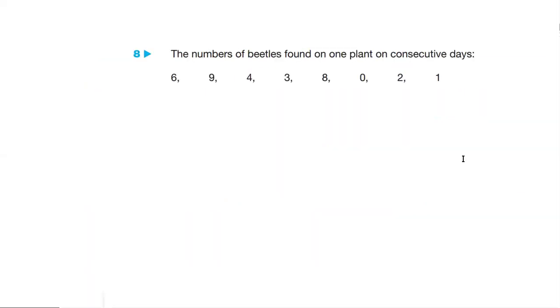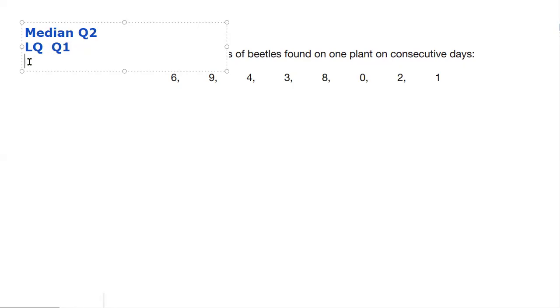So let's take a look at this question, for example. Here we're going to find the quartiles, which are the median, the lower quartile and the upper quartile. So focus on the question. They will tell you find the median, which is Q2, and then find the lower quartile, which is the Q1, and the upper quartile, which is the Q3.